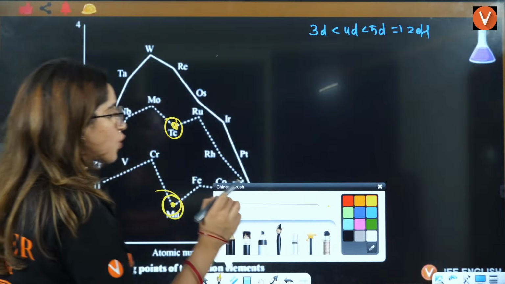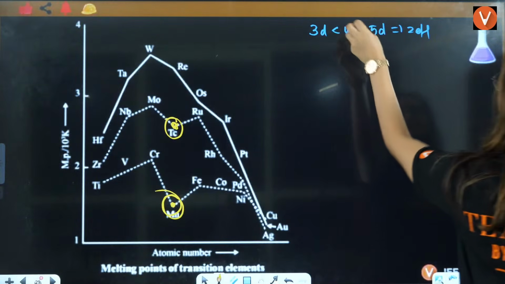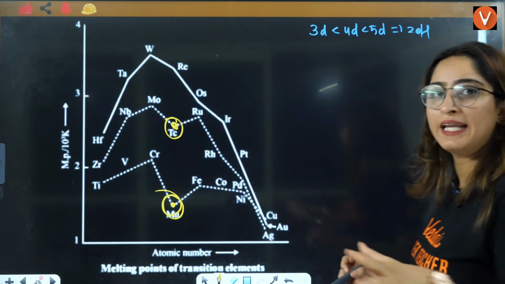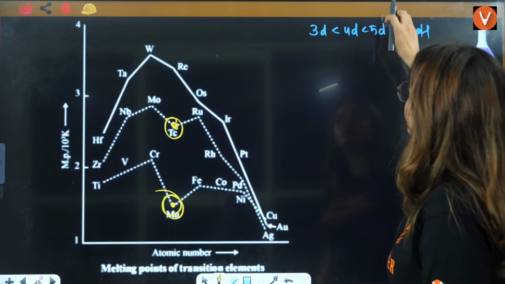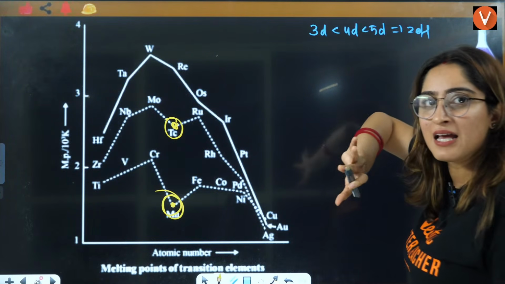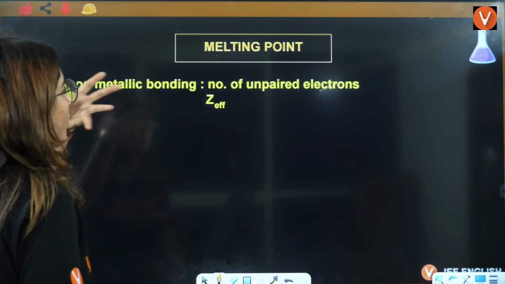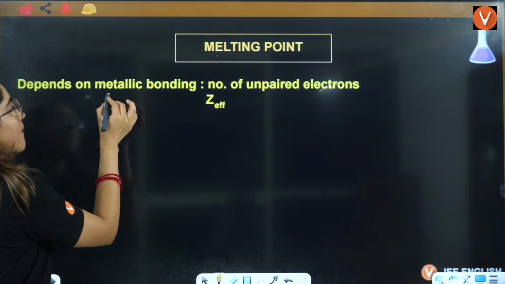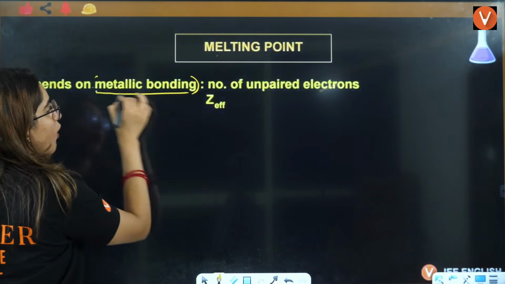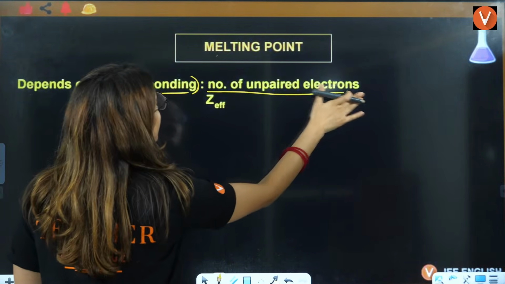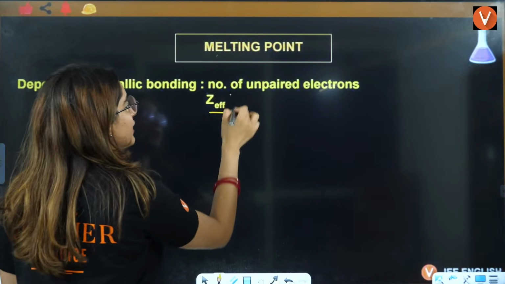So, why is it so? Because Z effective is increasing down the group in the D block. That is the reason your melting point is increasing. Why? Because metallic bonding depends upon the number of unpaired electrons, which depends upon the Z effective.